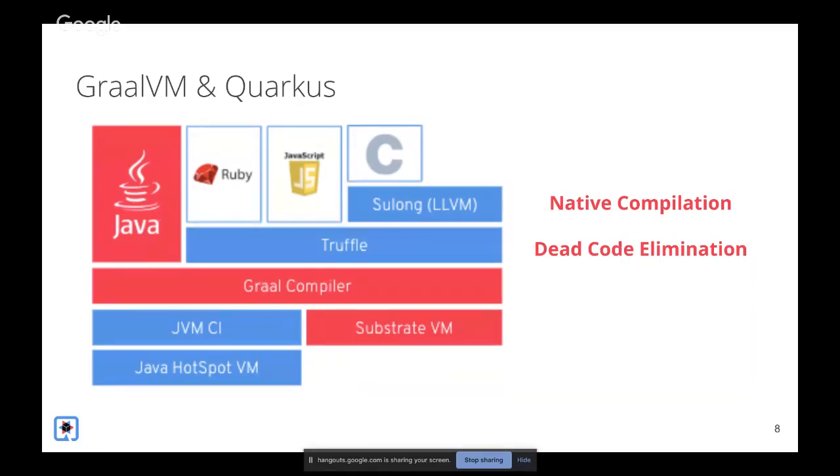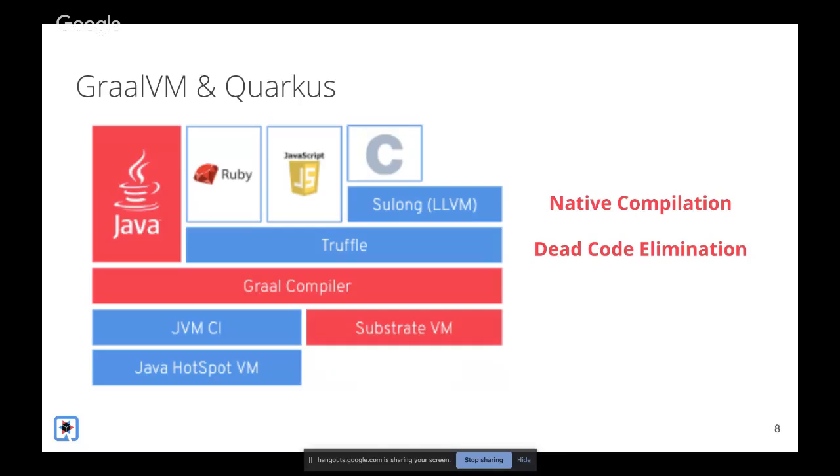Now, Quarkus doesn't really focus on the dynamic language aspect as much, but it does utilize those red boxes that you see in this diagram. The Graal compiler compiles it down to native code, and we really focus mostly on the Java language, although we do support Kotlin running on top of Quarkus as well.